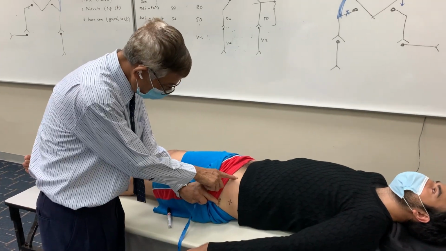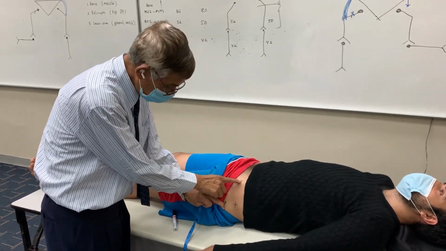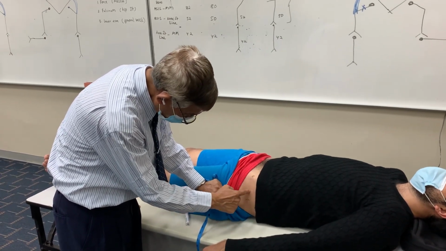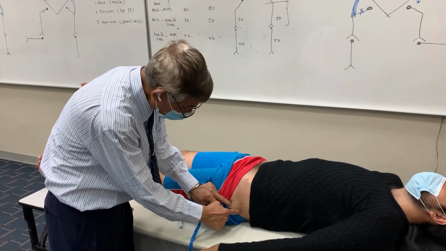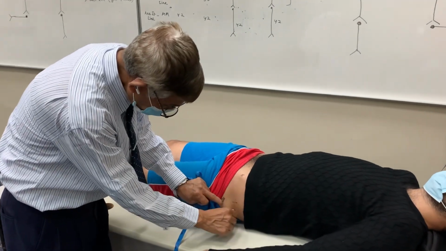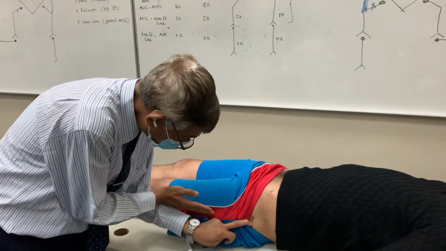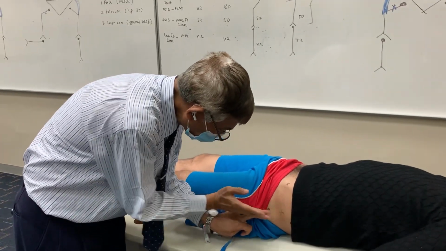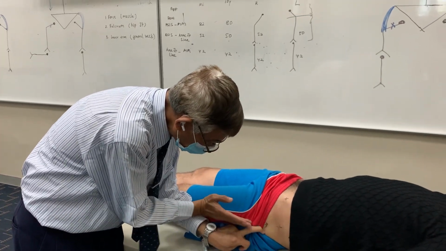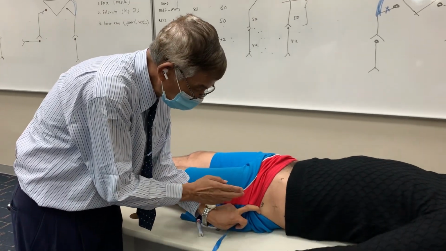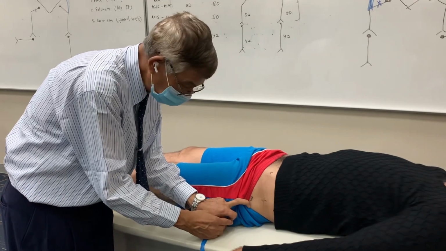Firstly, from ASIS, you draw a vertical line. Then from greater trochanter, you draw a line along the femur. So there is an intersection point.